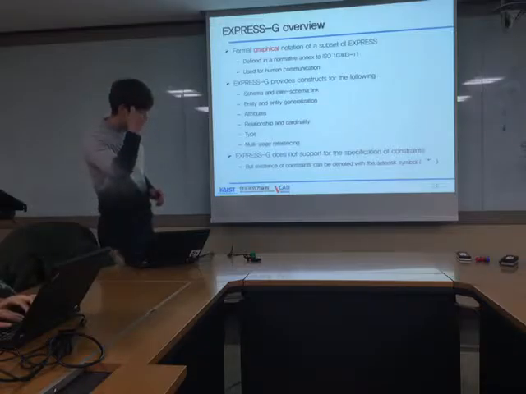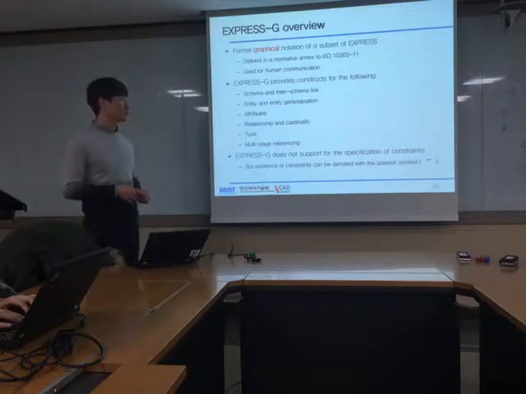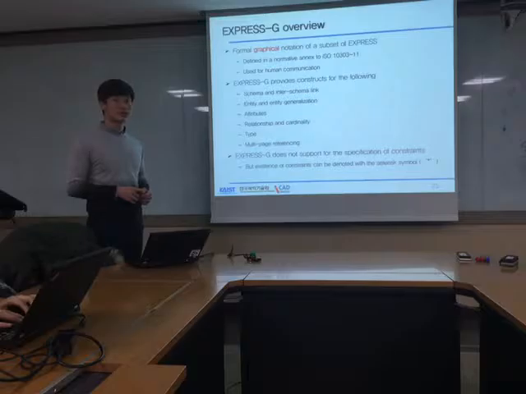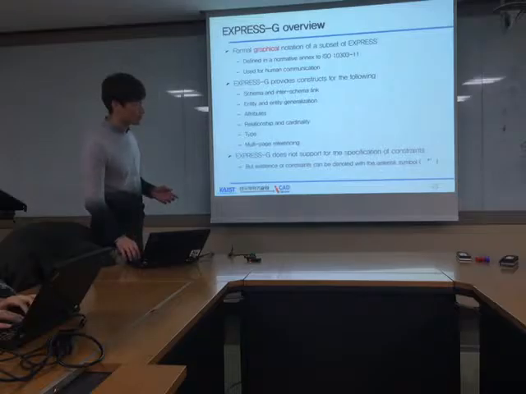And there are some special things in Express tree. They cannot support the specification of constraints, but they can check the constraints that some entity has using the star character.